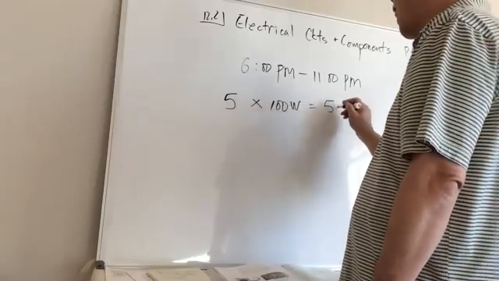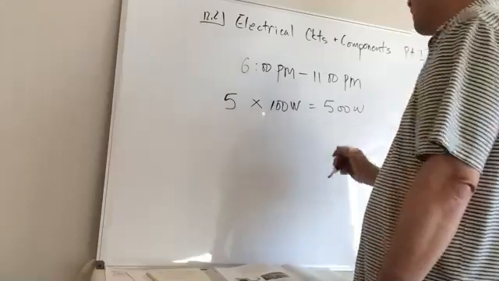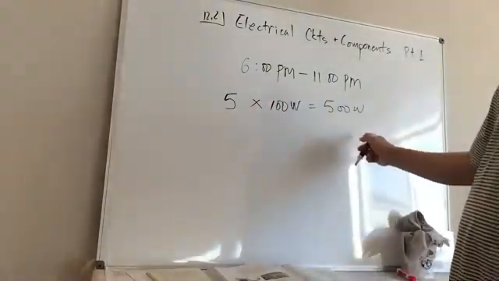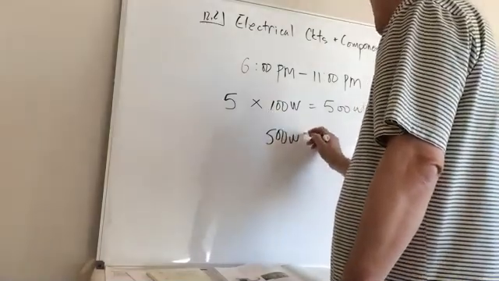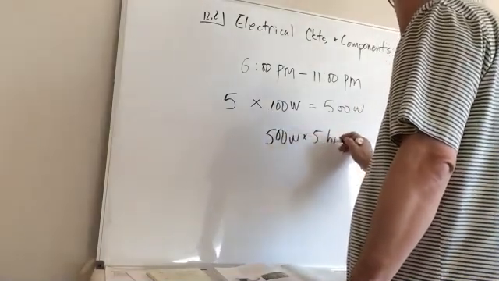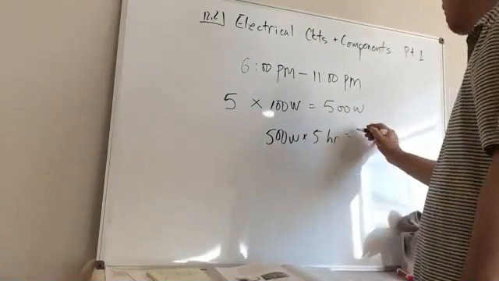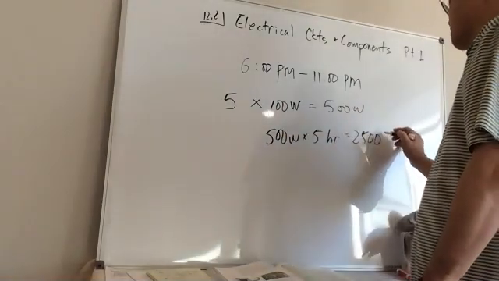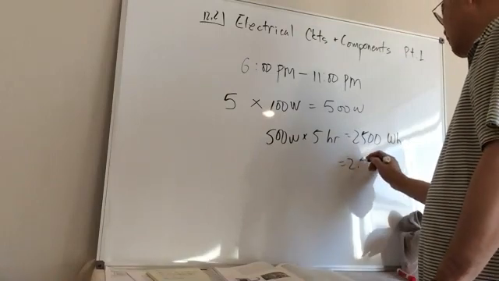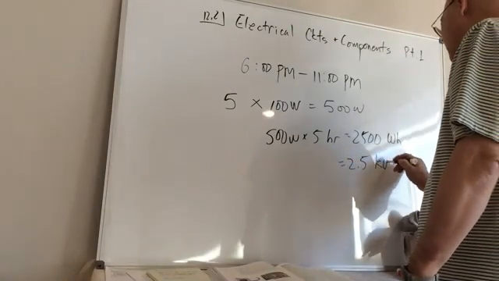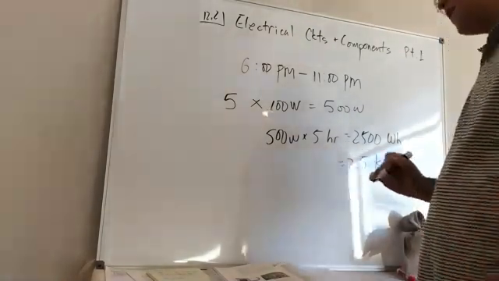We'd be using 500 watts, since there are 500-watt light bulbs. So it'll be 500 watts times 5 hours, which is 2500 watt hours, which is equal to 2.5 kilowatt hours.